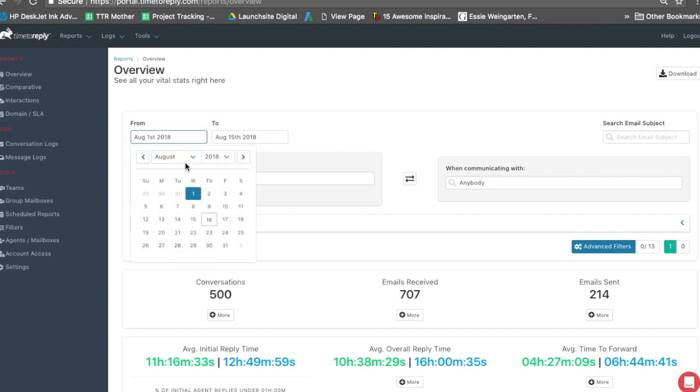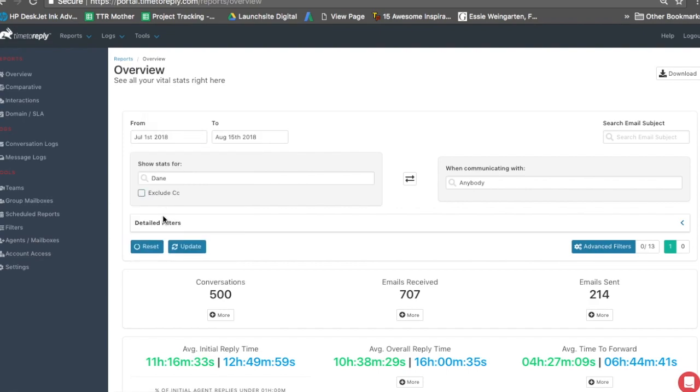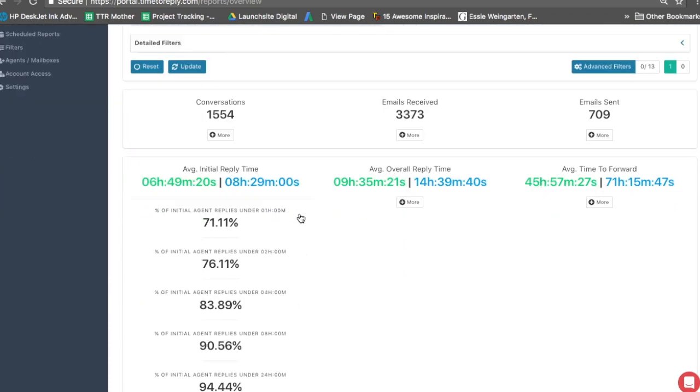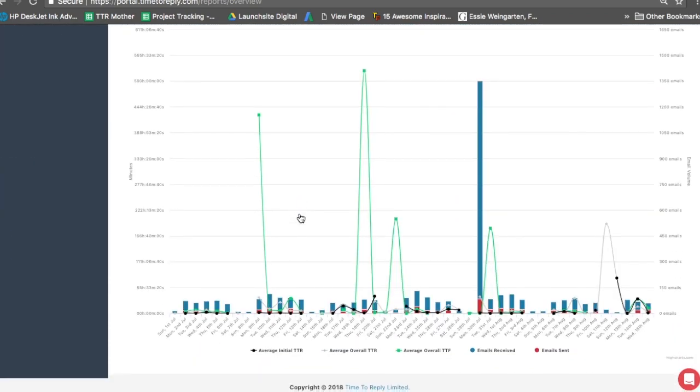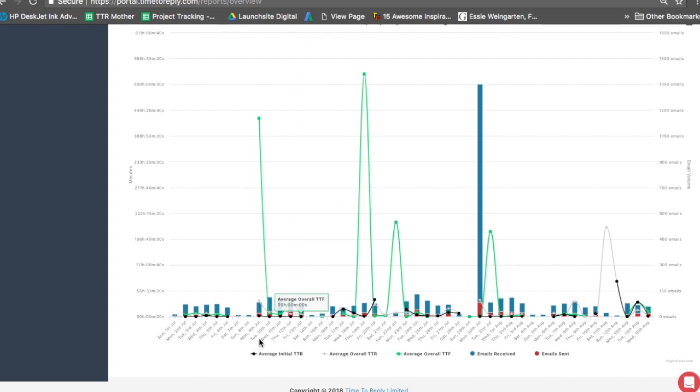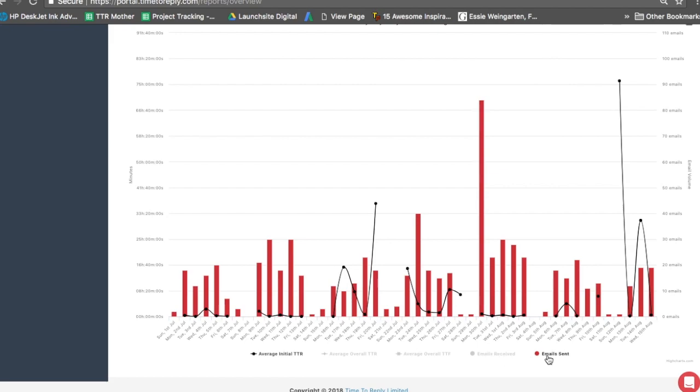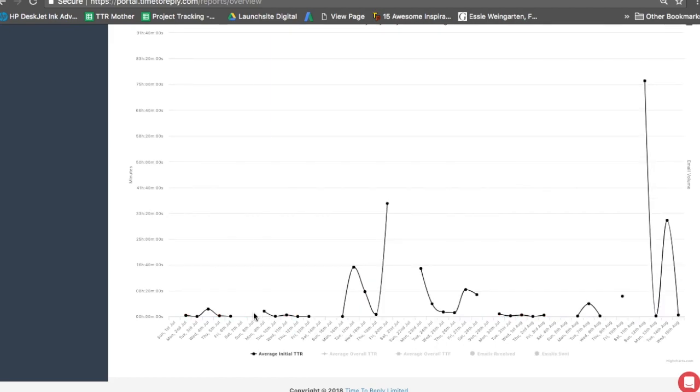If I was to open up the date range, again, you can see all of the information automatically updating when the date range is changed. If we look at that graph now, it gives you a better idea of my response time behavior.